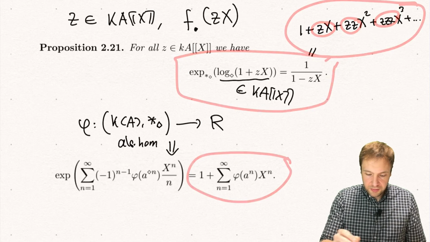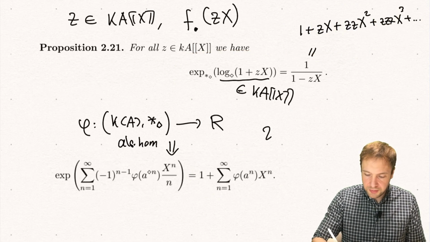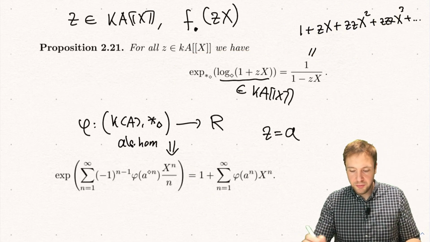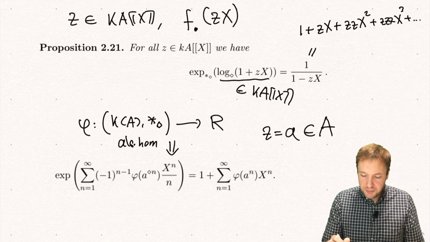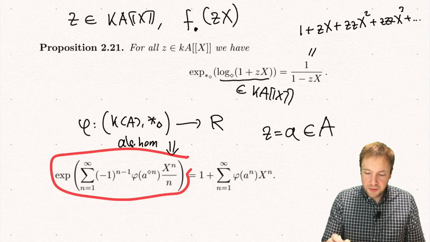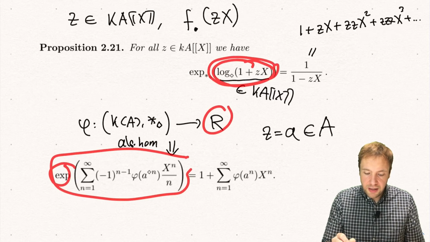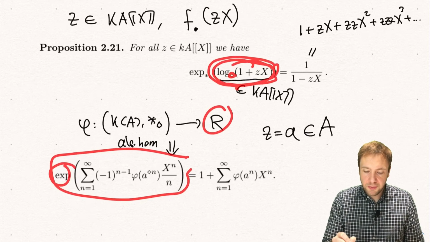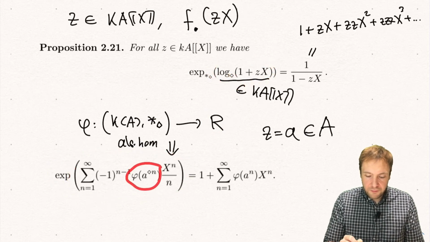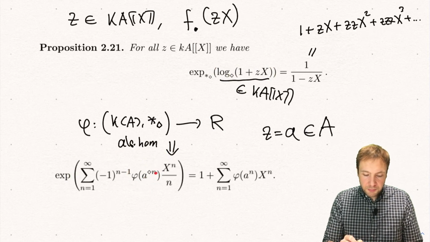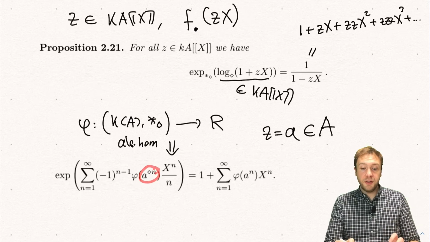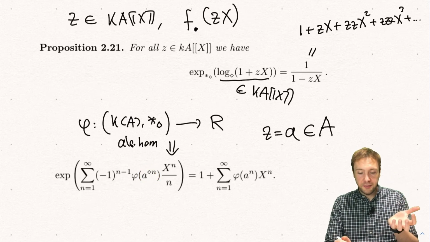So now in this case, I choose this just to be one letter A. So here I have phi of A. And here I have now phi, so this is the exponential in R, and inside I have phi of this logarithm with respect to the diamond product. So here I have phi of A diamond, and so on. So this will be phi of just a linear combination of letters.